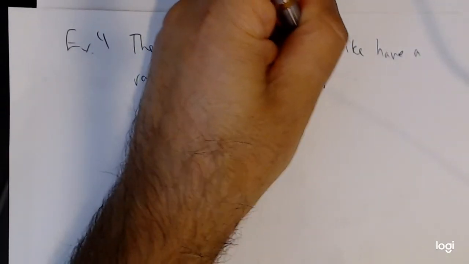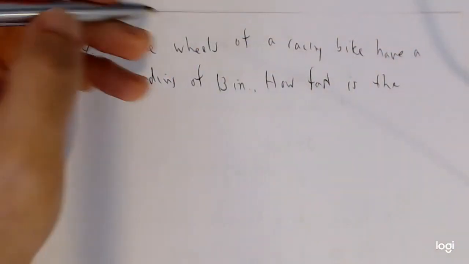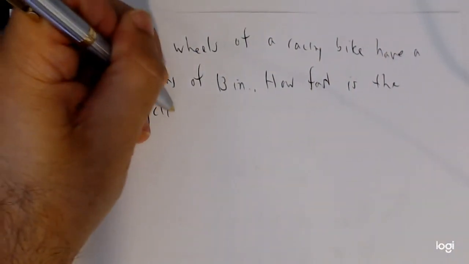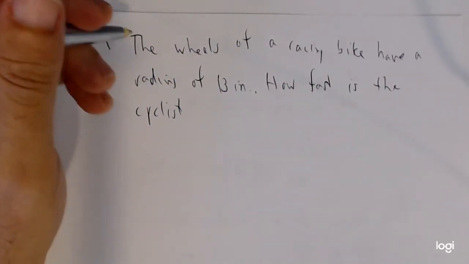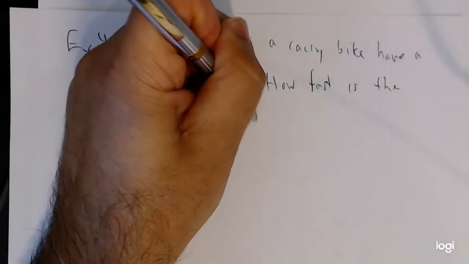How fast is the cyclist traveling in miles per hour?